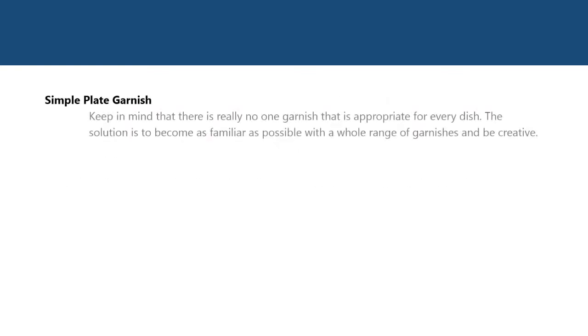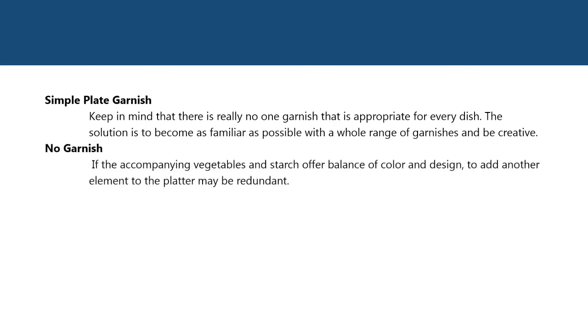Next is simple plate garnish. Keep in mind that there is really no one garnish that is appropriate for every dish. The solution is to become as familiar as possible with the whole range of garnishes and be creative. No garnish: if the accompanying vegetable and starch offer balance of color and design, to add another element to the plate or platter may be redundant.